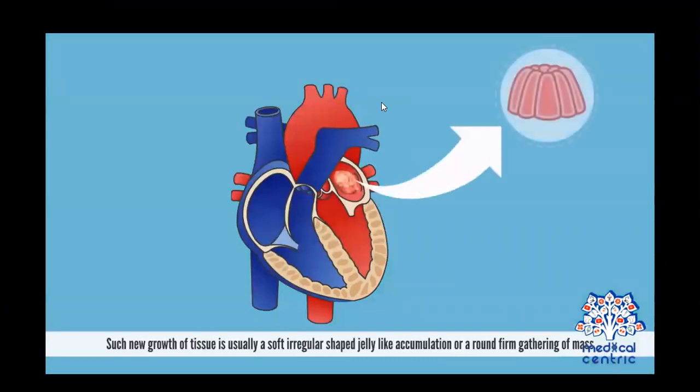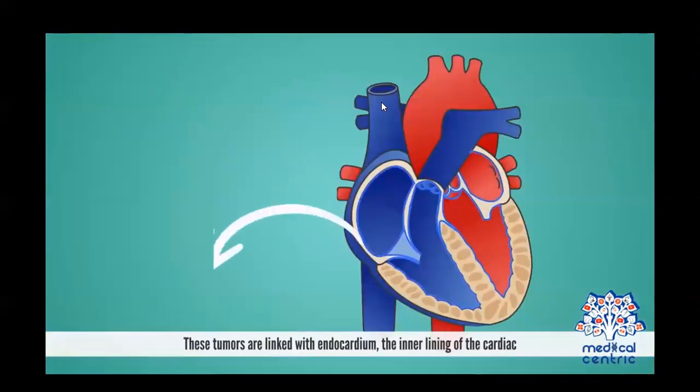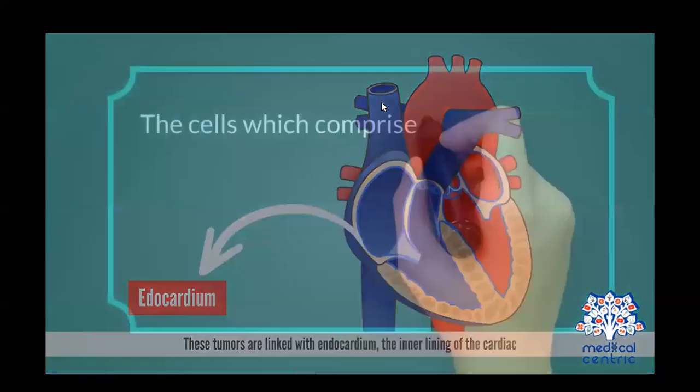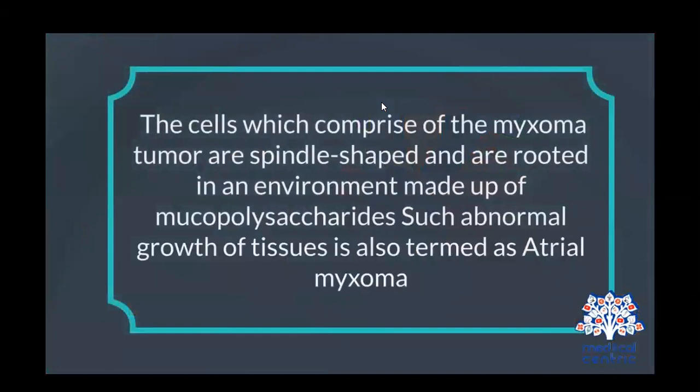Such new growth of tissue is usually a soft, irregular shaped jelly-like accumulation, or a round, firm gathering of mass. These tumors are linked with the endocardium, the inner lining of the heart. The cells which comprise the myxoma tumor are spindle-shaped and are rooted in an environment made up of mucopolysaccharides. Such abnormal growth of tissue is also termed atrial myxoma.